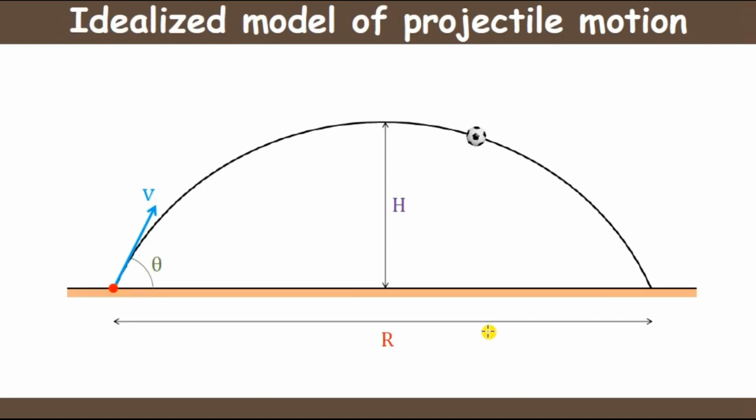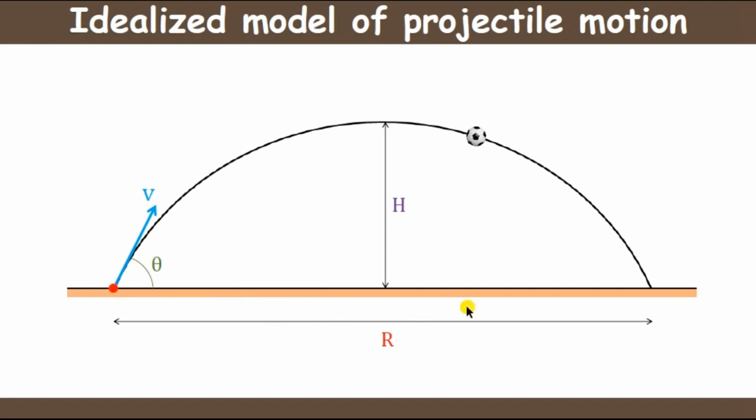Now I'm showing you an object which has projectile motion and will follow this projectile path. You can see the object is projected with the initial velocity v with the horizontal at an angle theta. This theta is called the angle of projection, and the velocity with which it starts is called the initial velocity.